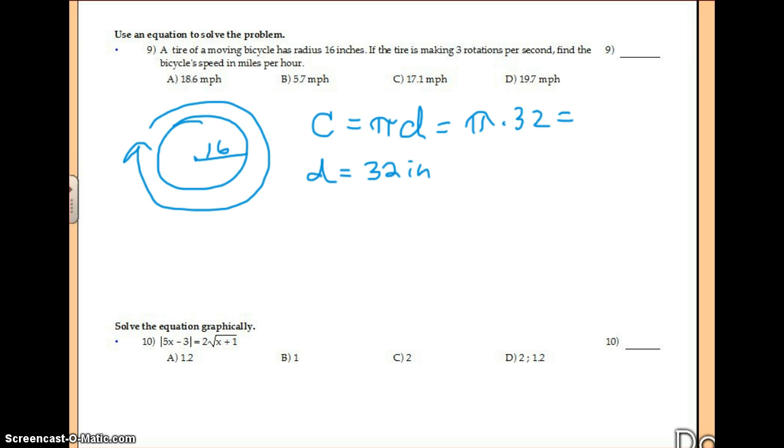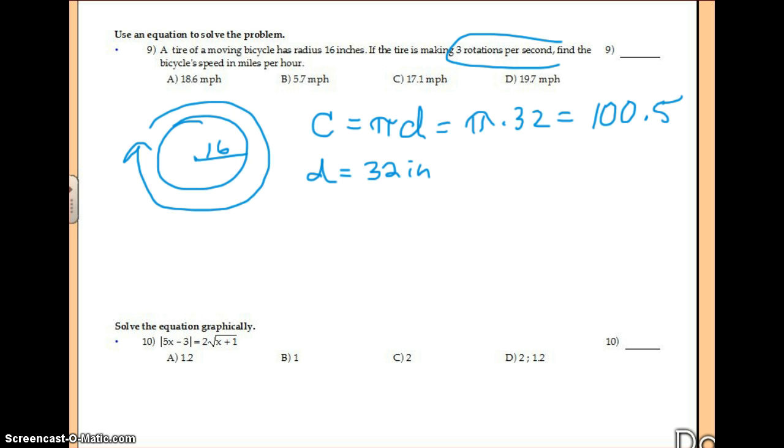Pi times 32 is approximately 100.5 inches. So that's 1 rotation around.